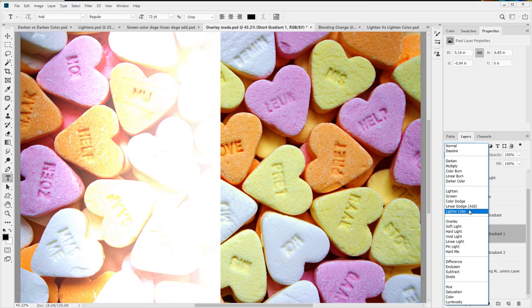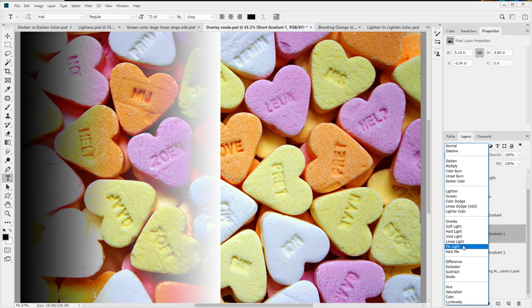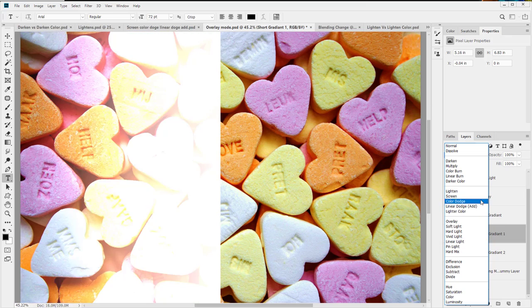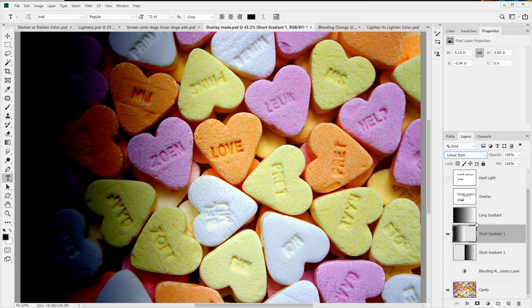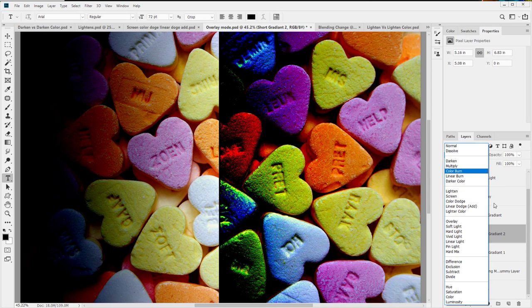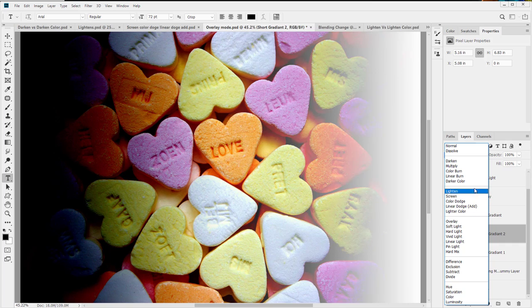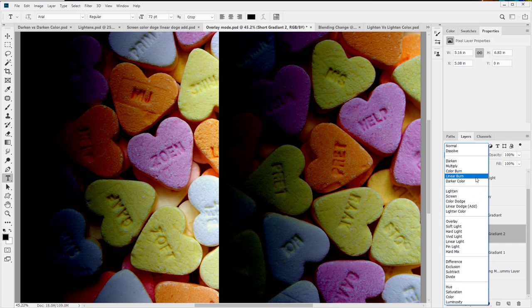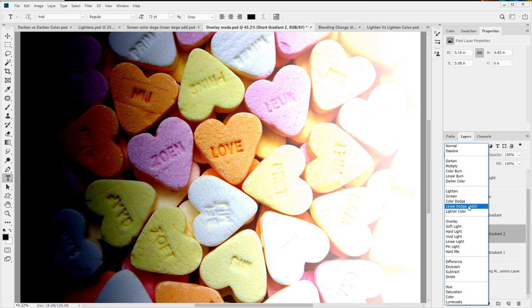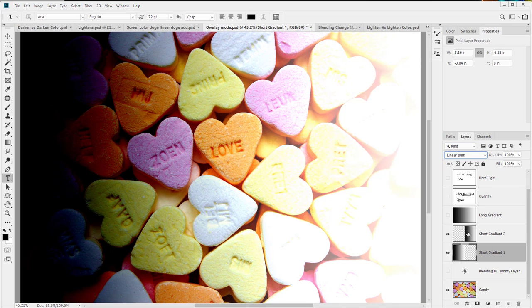Linear dodge, I'm sorry, the opposite of linear dodge, our linear burn, and we'll set this one, I had them upside down, to linear burn. And I still have them backwards in my head. Linear burn for the darkening, linear dodge add for the lightening.